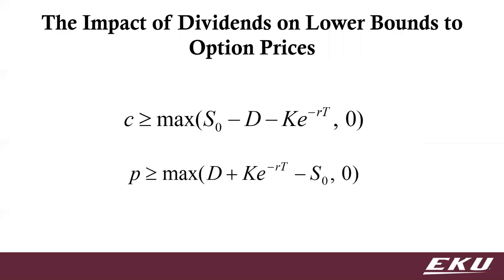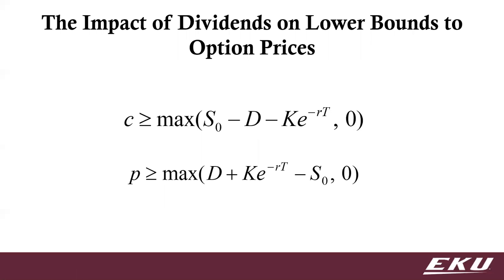And so when we add in the piece of dividends, because remember we have the possibility that dividends could be paid, if you hold the stock, you're going to receive this dividend. So you have to make that up when you're exchanging this in the future. You're seeing this dividend show up in there, and it just gets priced into the call or the put.